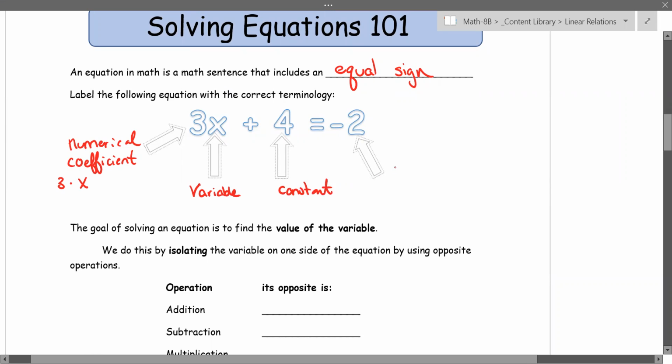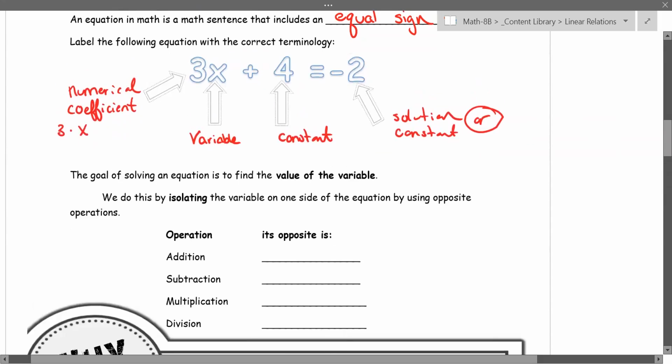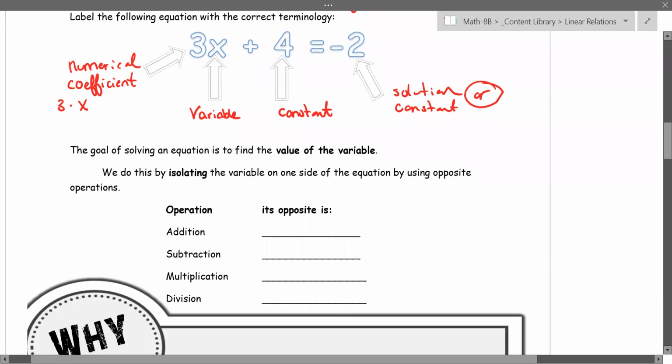And the -2 you might call your solution or also your constant, depending on the context. So the goal of solving an equation is to find the value of our variable or that unknown piece. To do that, we isolate the variable on one side of the equation using opposite operations.